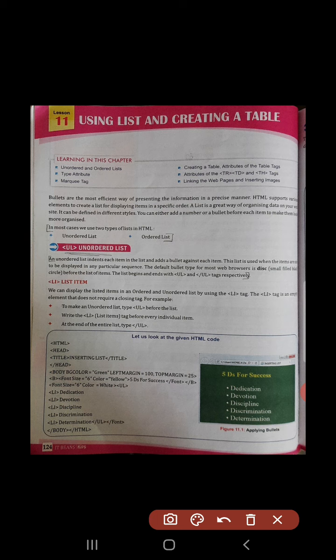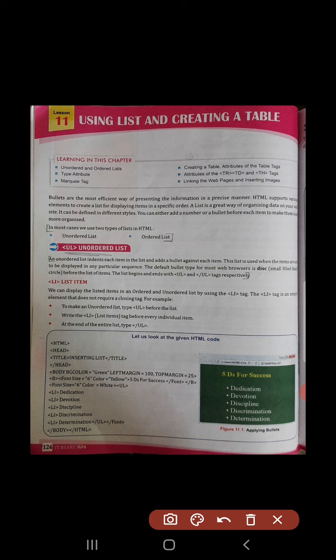Next, write in your copy that there are 2 types of lists in HTML: unordered list and ordered list. Then give the heading unordered list. Under it, write that an unordered list indents each item in the list and adds a bullet against each item. The default bullet type for most web browsers is disc.